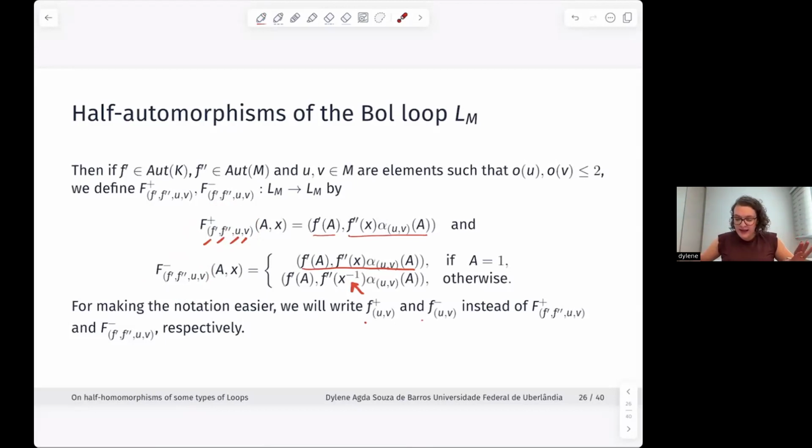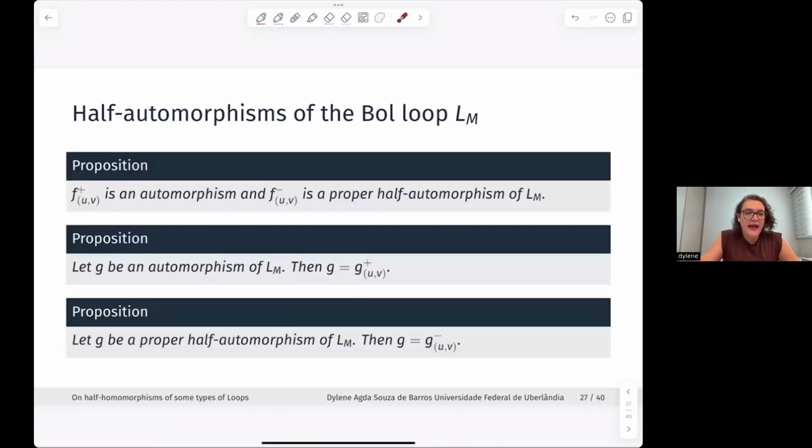Seeing that, what we had is that F plus is an automorphism and F minus is a proper half-automorphism of Lm for every U and V in M. More than that, if G is an automorphism, then G is a G plus for some parameters.